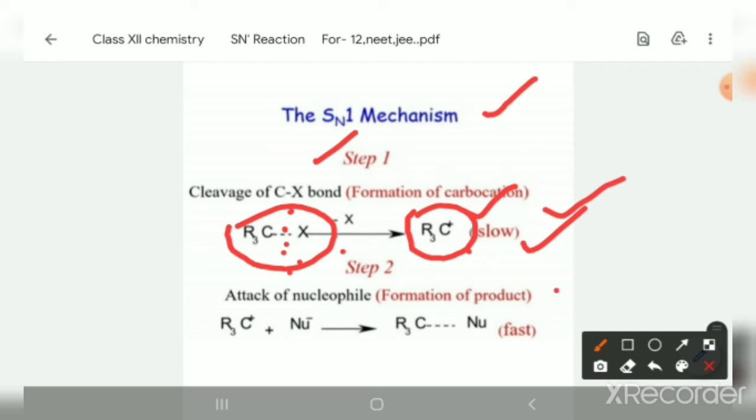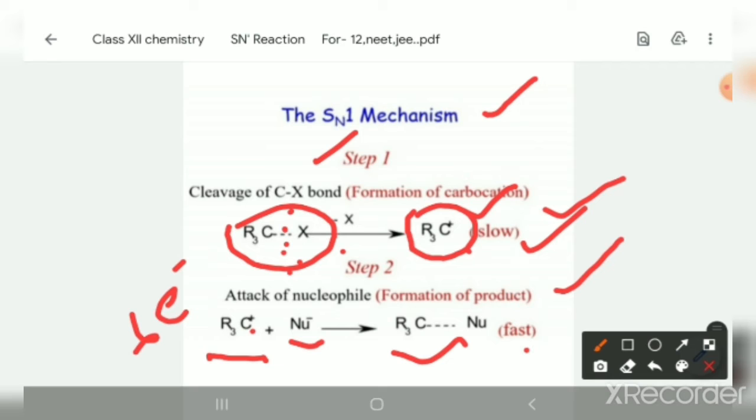And in step second, see here, this is the reactive species. Because of the carbocation, this carbon has only 6 electrons in the valence shell. It is a powerful electrophile, and this is also a reacting species. That is why they combine and form this compound.